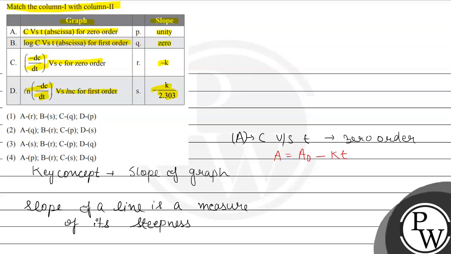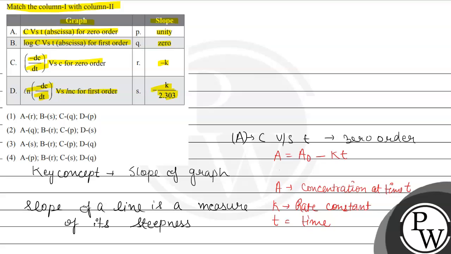So ये रहता है हमारे पास equation whereas जो A है it represents the concentration at time t, and K represent करता है rate constant and जो हमारे पास t है it represents the time.